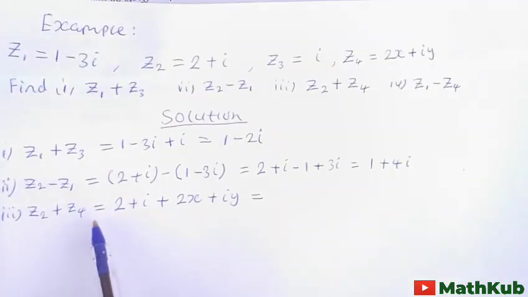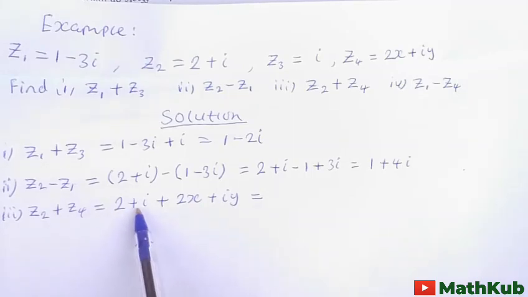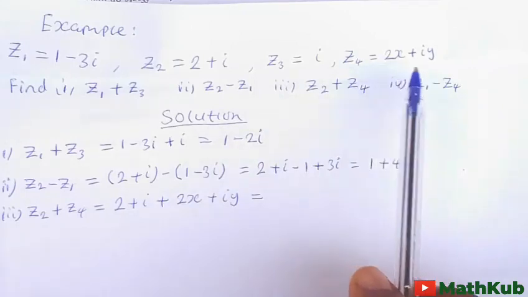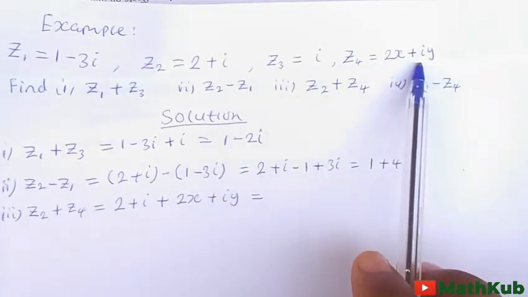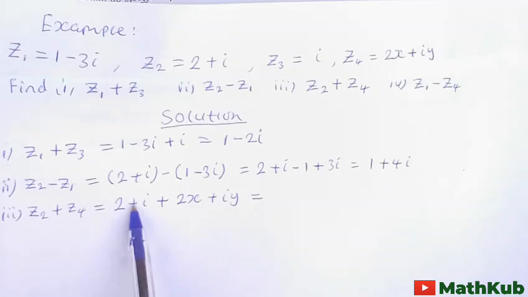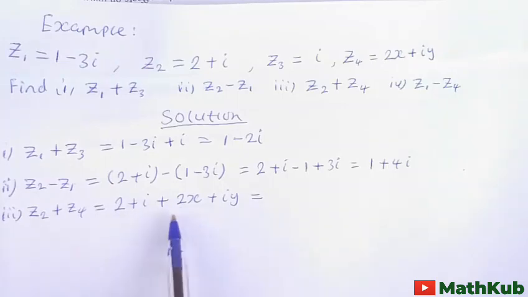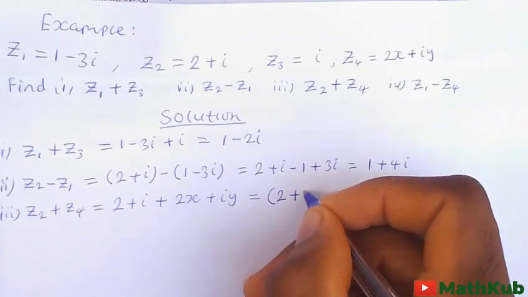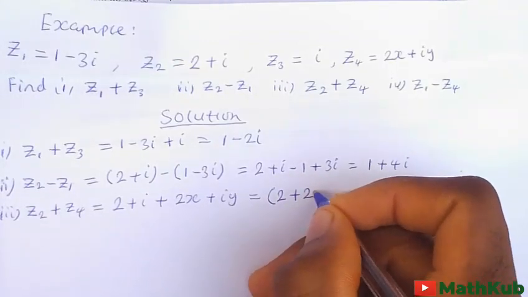For z2 plus z4, we have 2 plus i, which is this one, plus 2x plus iy. We add the real parts, 2 plus 2x. You know 2 and 2x are unlike terms, you cannot add them, so we just combine them: 2 plus 2x.